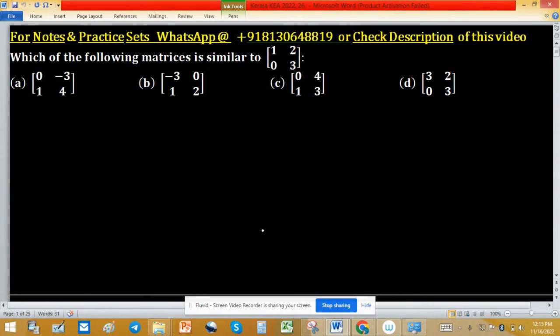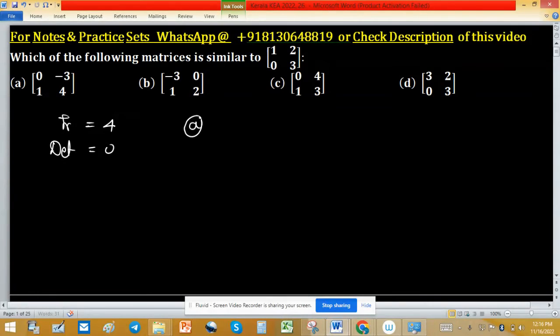Which of the following matrices is similar to the given matrix? Similar matrices have the same characteristic polynomial, that's why the same eigenvalues. Same eigenvalues means the same trace and the same determinant. Trace of the given matrix is equal to 4 and determinant of this matrix is 3.